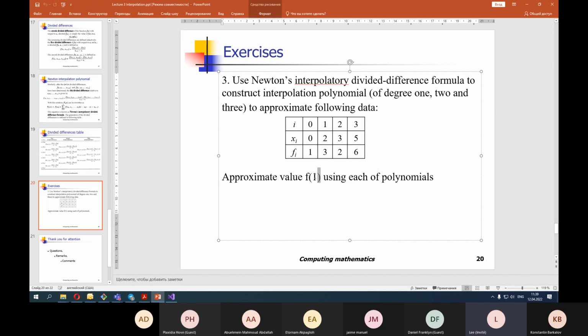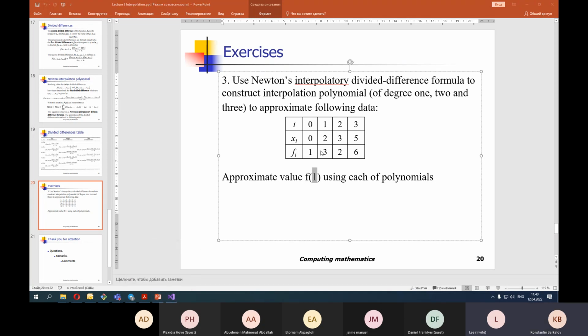Now, as you see in this table, the point 1 is missed. It's not the point with value of x equals to 1. We have 0, 2, 3, 5. But we find an interpolating polynomial.